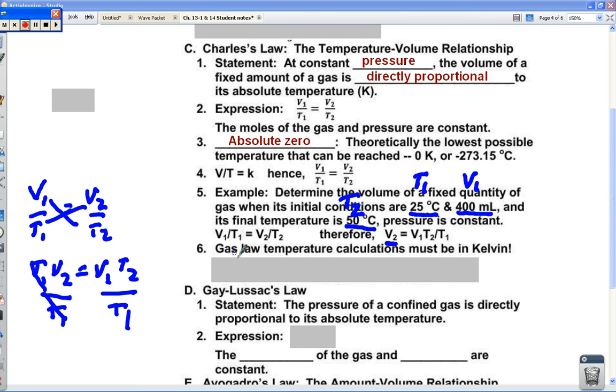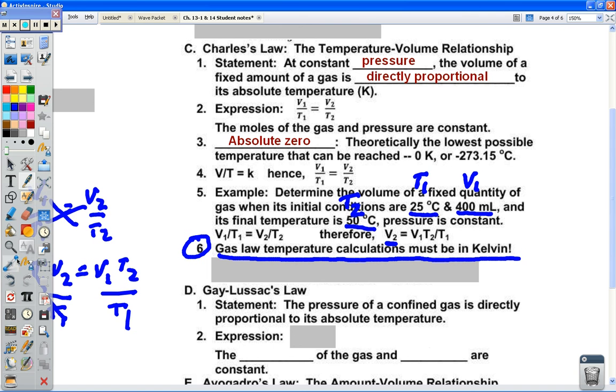Alright, here's the key though. Gas law temperature calculations must be in Kelvin. So, we can't just use 50 and 25.